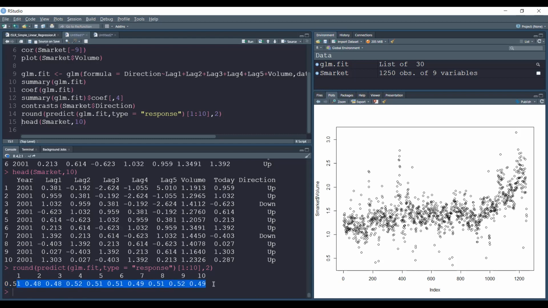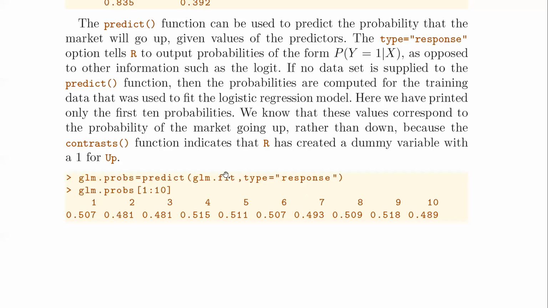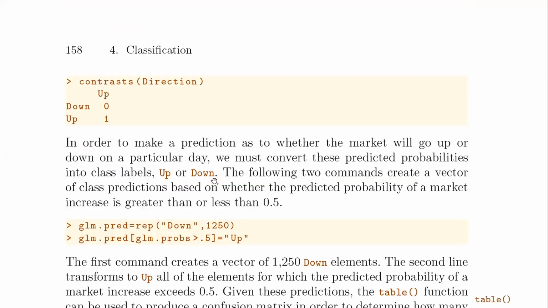So the model really is telling you it's a 50-50 chance. So it's anyone's guess. But anyway, this is how they compare against the actual training data. Again, it's not very useful, just because we really shouldn't expect this data to give any insight into how the market is going to perform.